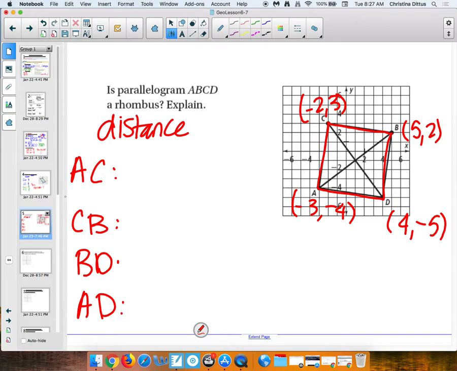So it'd be -3 minus -2, so -3 plus 2 is -1. -1 squared is 1.